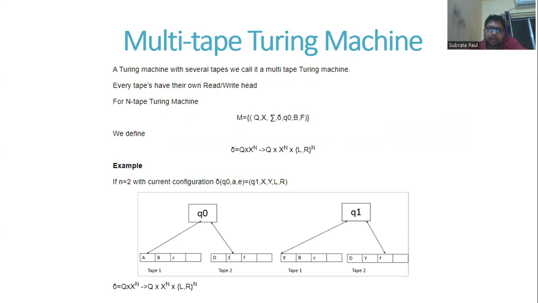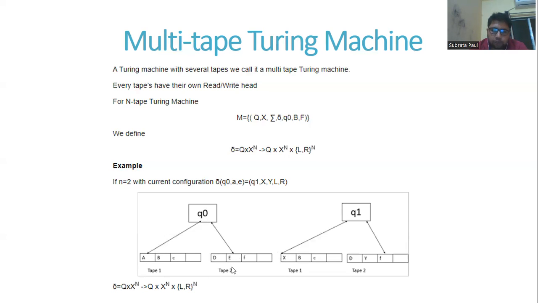Here is a diagram which will illustrate this for n equal to 2. That means in this case we will have two different tapes, and so we will have two different operations. In the first case, when the machine is in the state q0, we have tape 1. For tape 1, the read write head points to the first cell, and it reads a and writes x while moving to the state q1.